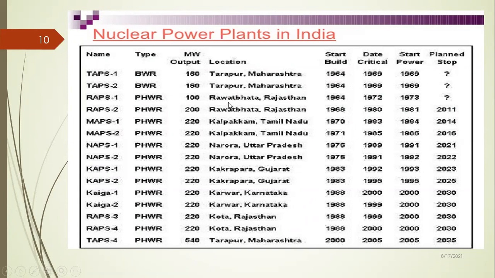Then there is Rawatbhata, Rajasthan. Then Kalpakkam, Tamil Nadu. Then Narora, Uttar Pradesh. Then Kakrapar, Gujarat. Then Kaiga, Karnataka. Then Kota, Rajasthan. And Tarapur again, Maharashtra. So these are the various locations where nuclear power plants are there in India.